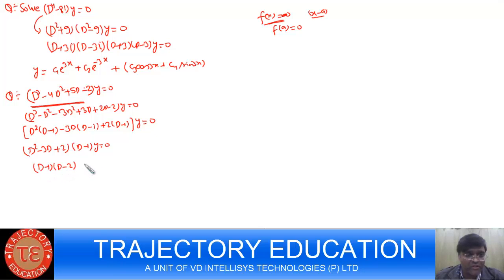So it's (D - 1)(D - 1)(D - 2). You have roots 1, 1, 2. These are repeated roots. So your equation is going to be y equals (c1 plus c2 x) e^x plus c3 e^(2x).